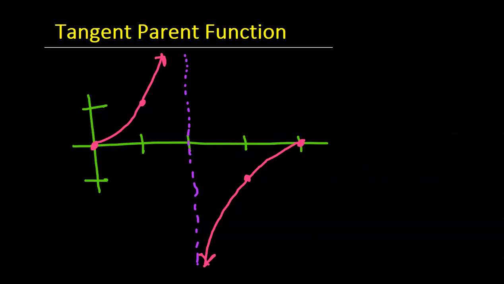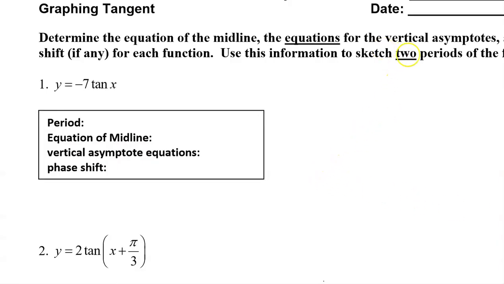Now in general, we will graph 2 periods of the tangent function because the period of the tangent function is only pi, whereas for sine and cosine, the period is usually 2 pi. The period of the tangent function is only pi. That will change if there is a b value.